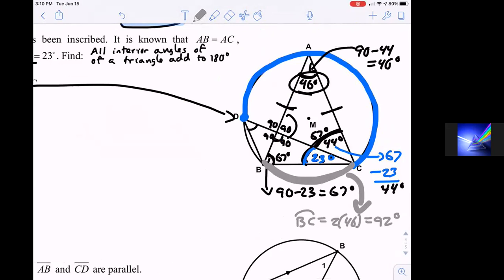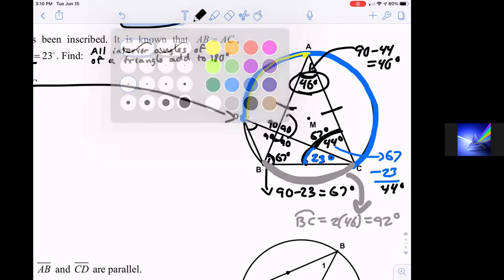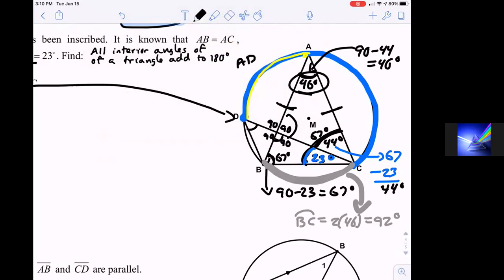The next thing I'm going to do is go to this arc right here. I'll put this one in yellow. I'm going to call this arc AD right here. Now arc AD is going to be double that inscribed angle. Remember, the inscribed angle is half. So double 44 degrees would be 88 degrees.